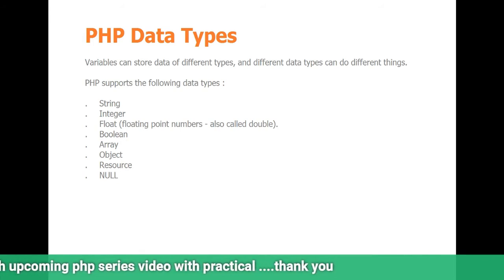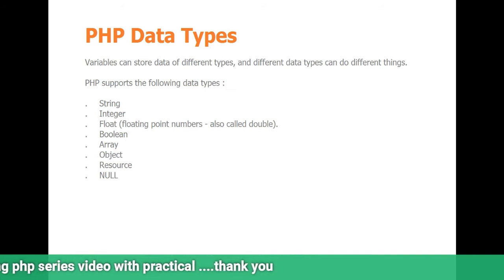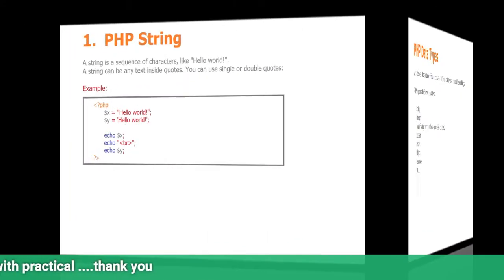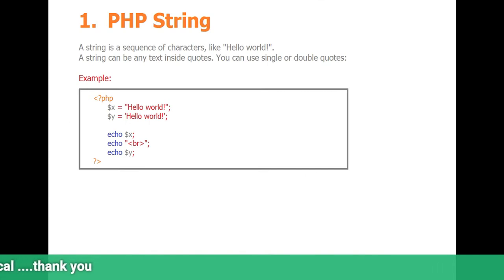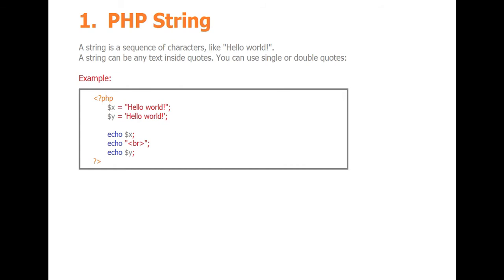Moving toward the first point, PHP string. What is a PHP string? A string is a sequence of characters, like hello world. A string can be any text inside quotes.